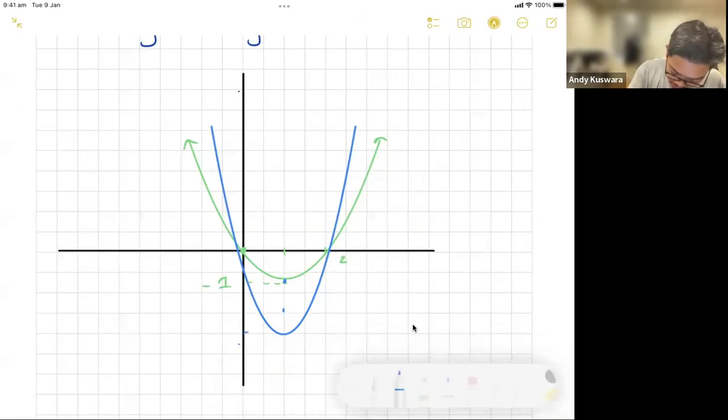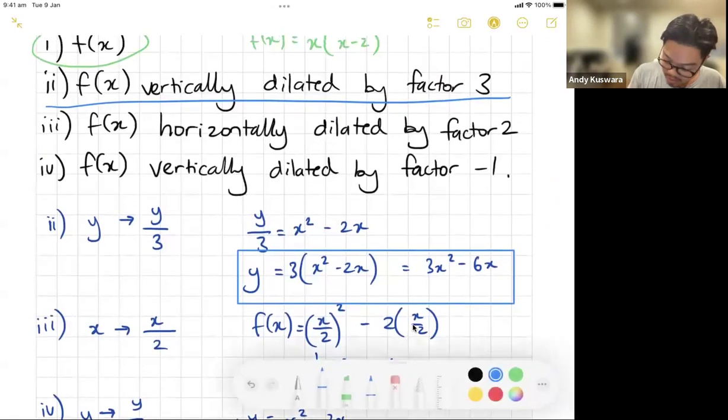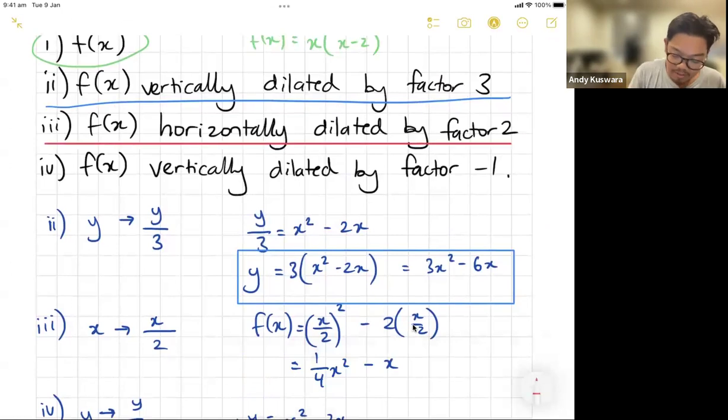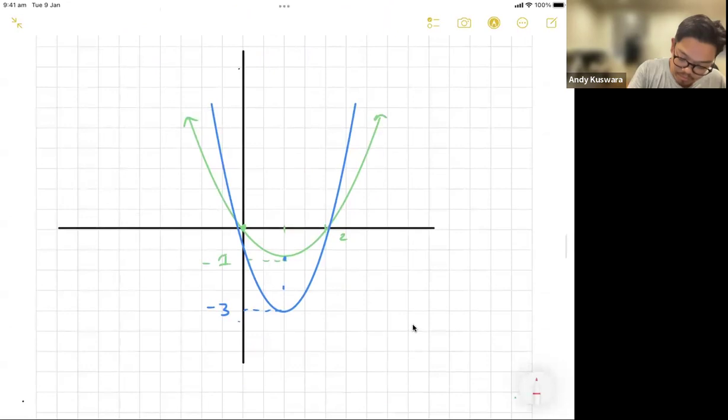Okay, so that there I'm going to claim is -3, and it makes sense because I'm vertically dilating it by a factor of 3. Now, if I keep going, let's do this one in red, horizontally dilated by a factor of 2. That means I take my original, which is the green one, and then I stretch it out by 2. So -1, +1 now becomes 2.